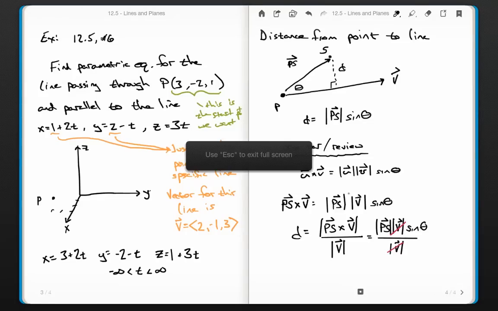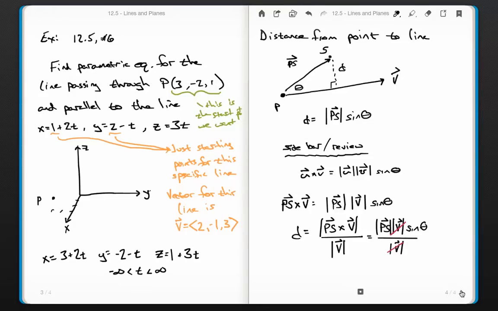Okay, the next topic that we're going to talk about is the equation of a plane in space. Now, I kind of hinted at this one back in 12.1.